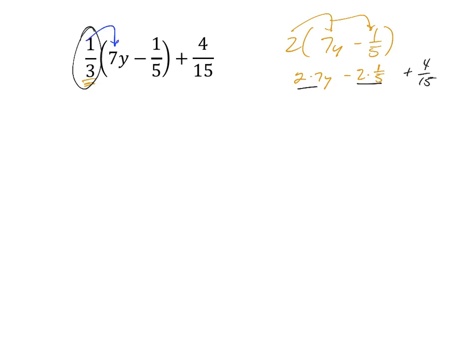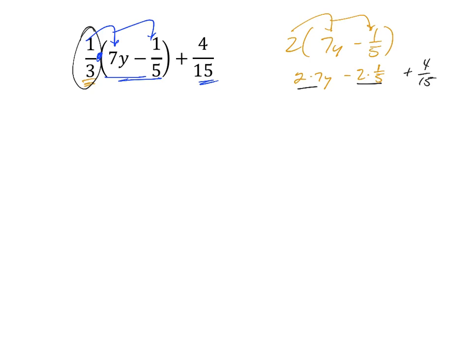We're going to distribute the 1/3. And we're only going to distribute to what it's attached to. That's the parentheses. This is not within the parentheses. Distributive property is we have the 1/3 times what's in the parentheses.